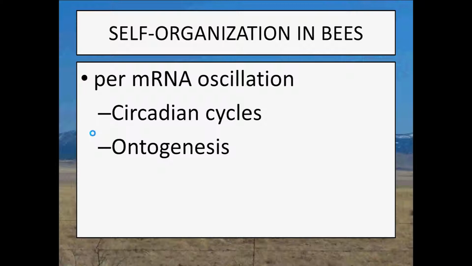And we talked about the per mRNA oscillations, which ties into circadian cycles. You have bees that live within a colony, not all their lives, but for the beginning of their lives. And as the per mRNA levels in their brain increase, then they begin to develop circadian cycles, and that's basically hitting upon the night and day cycles, or the ability of an insect to respond to a night and day cycle.